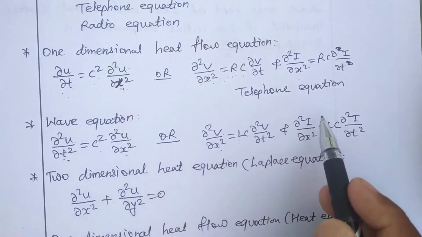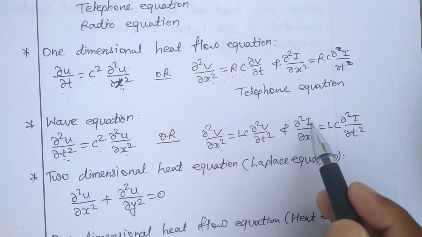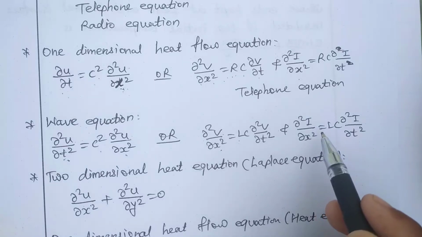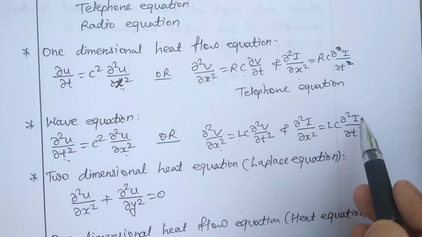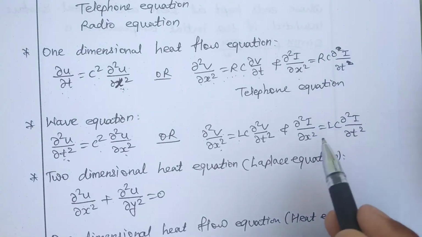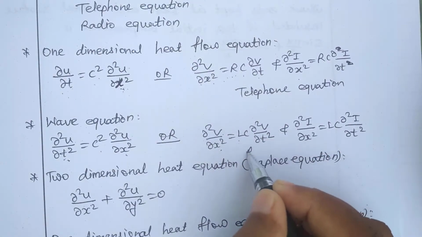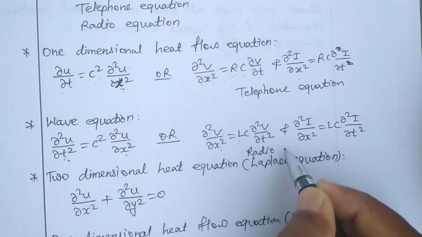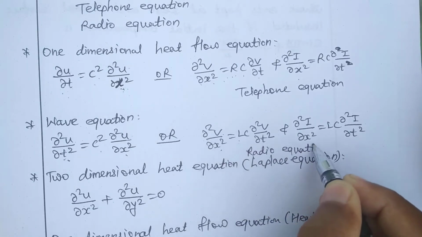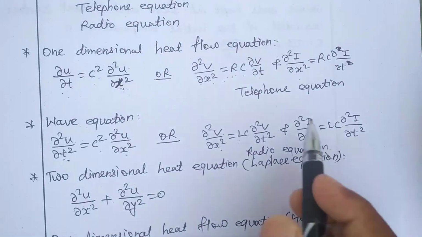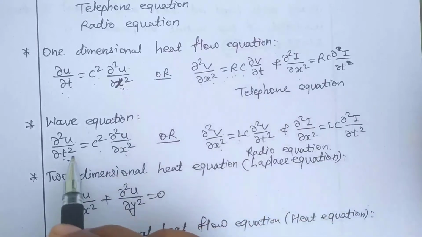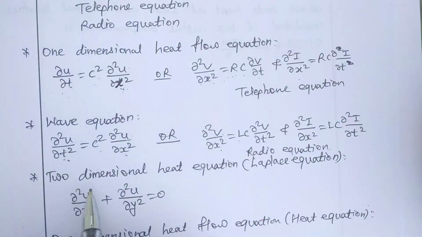Also we can write this equation for the current i: ∂²i/∂x² = LC ∂²i/∂t². These two equations are called the radio equations. The radio equation is also not a new concept; it is a particular case of the wave equation. We can form a radio equation by using the wave equation.